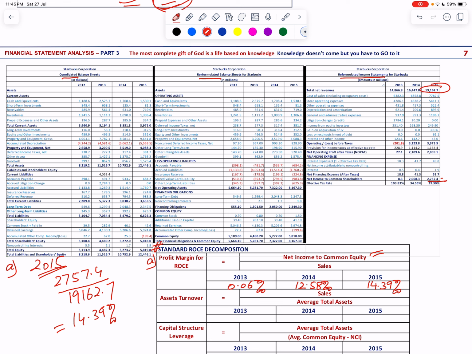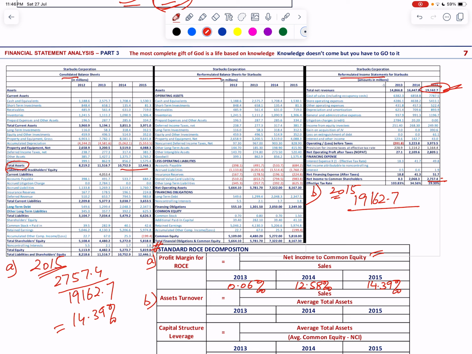Coming to the second one, B, that is assets turnover. For assets turnover, that is sales, again I am doing it for the year 2015 only. So sales is 19,162.7 divided by average total assets. We have the total assets in the consolidated balance sheet, and because we have to take the average, we take the total assets for 2014 and 2015.